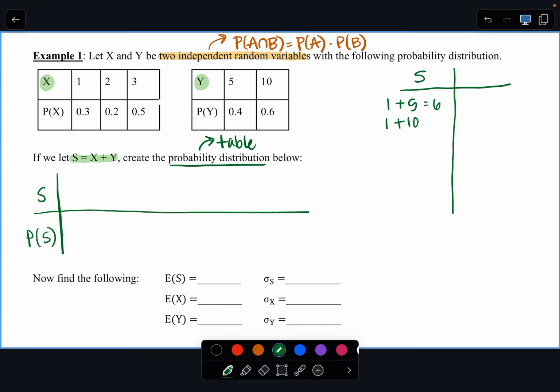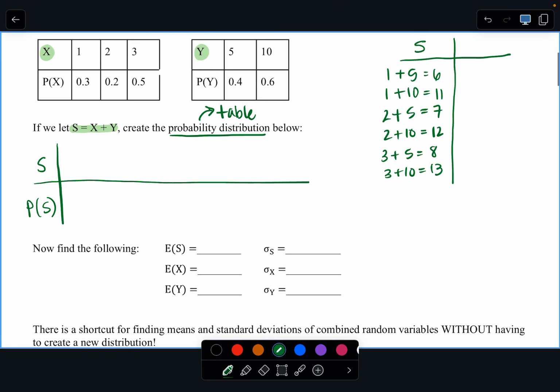So this would be 6, this would be 11, and then I would do the same thing with 2: that would be 7, 12, and with 3: 8, 13. These are all the possible outcomes from combining these two random variables.